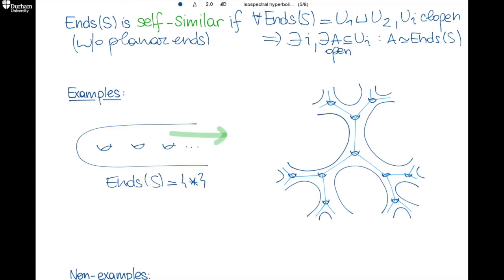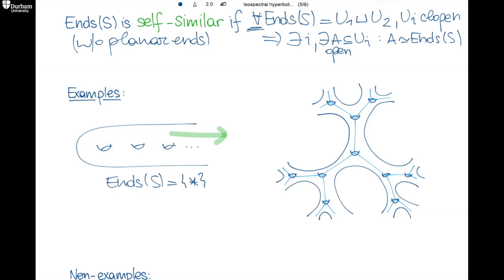I mean for every decomposition. So for every decomposition. Okay, yeah. But if it's empty, indeed in the first case, I don't have a non-trivial decomposition, and the end space is one point, so I can only decompose it in one point and the empty set. So it trivially satisfies this condition.